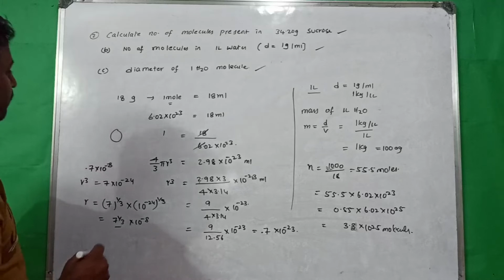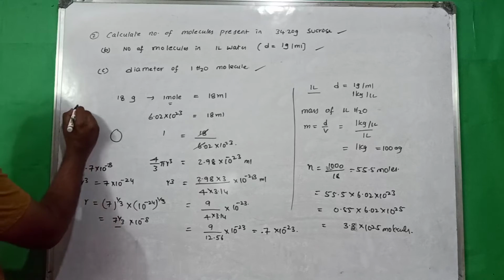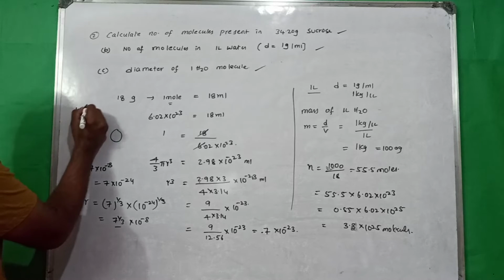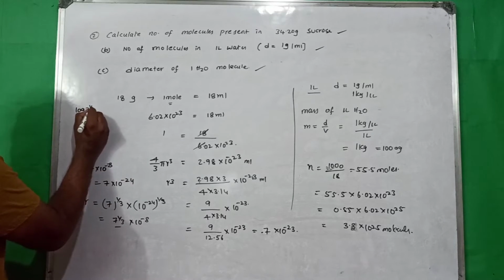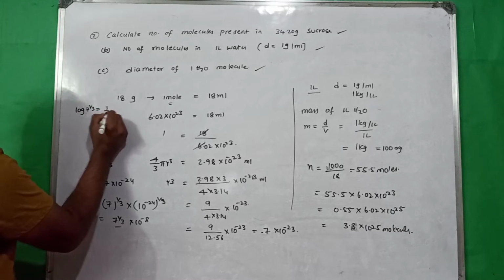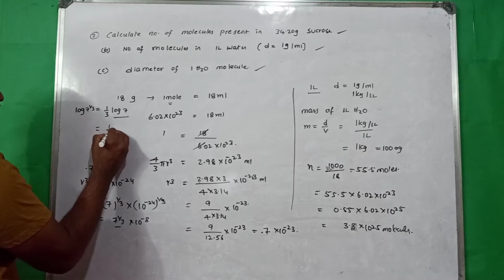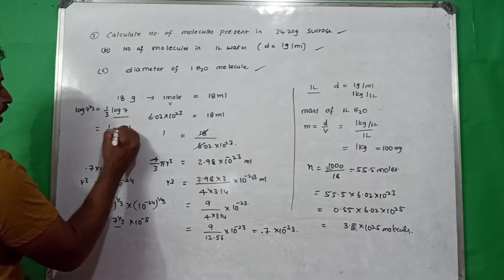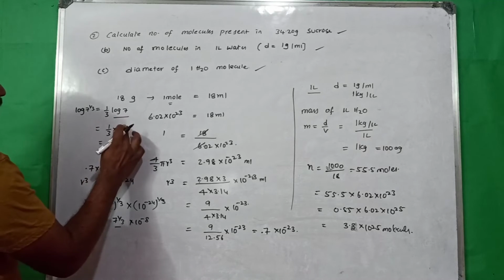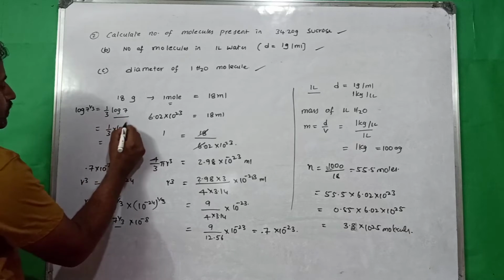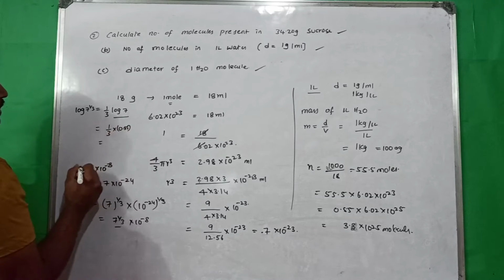To calculate the value of 7 power 1 by 3, we will use logarithm. Log of 7 power 1 by 3 is equal to 1/3 of log 7. So log 7 is 0.85, approximately 0.85.